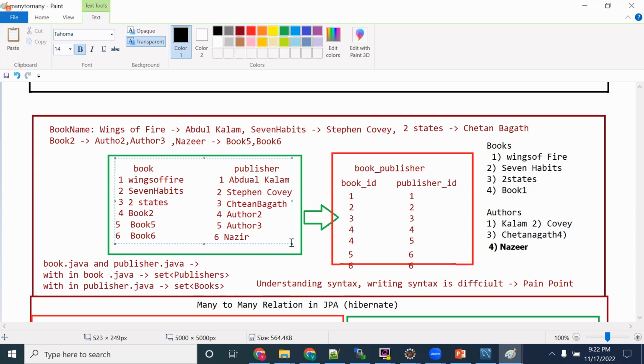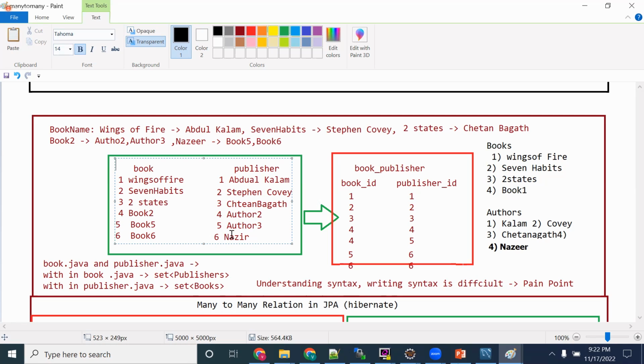Wings of Fire is a good book by Mr. Kalam sir. 7 Habits, Stephen Covey. 2 States, I don't know, but some of you participants told me a book and I wrote that. So book 2, book 5, book 6. These are my typical books.